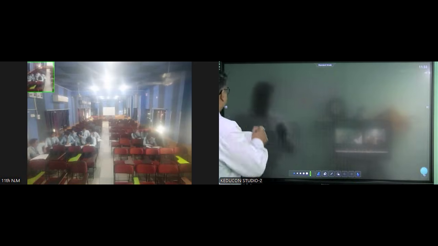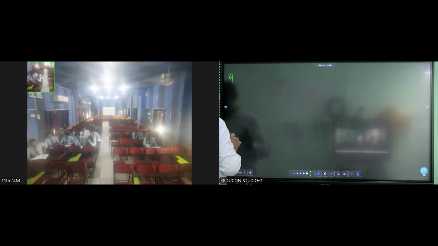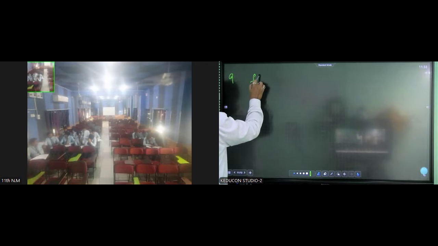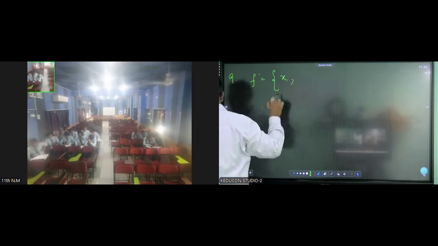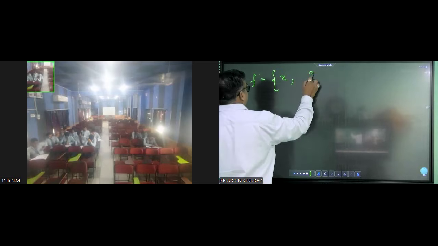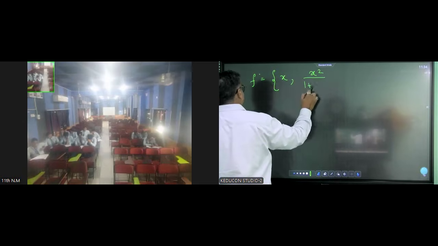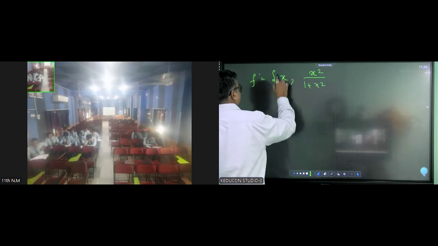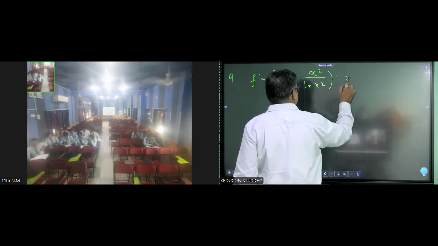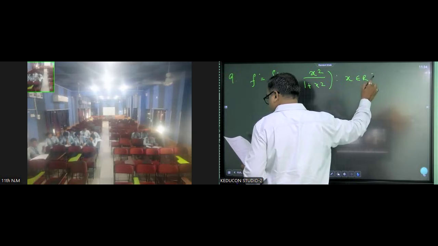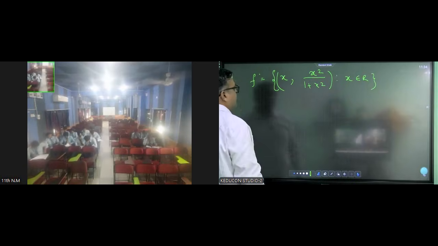Now the question number 9. Let f be a function from R to R. So we have to find range.